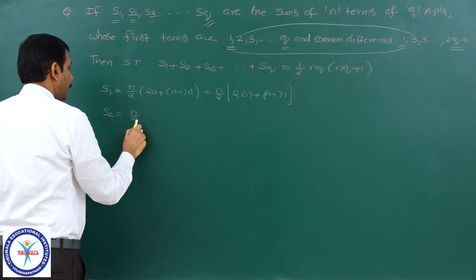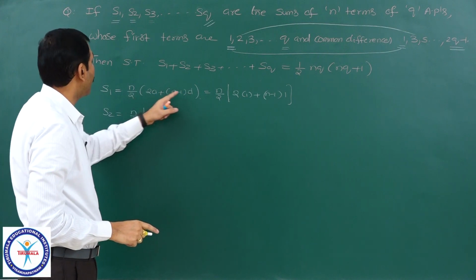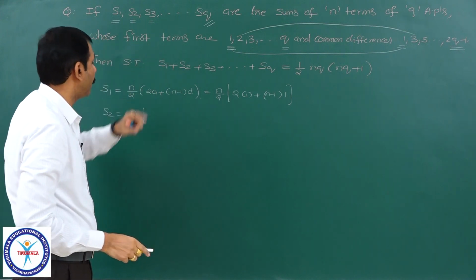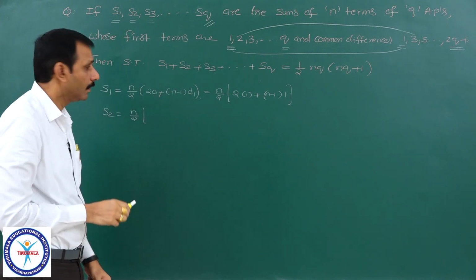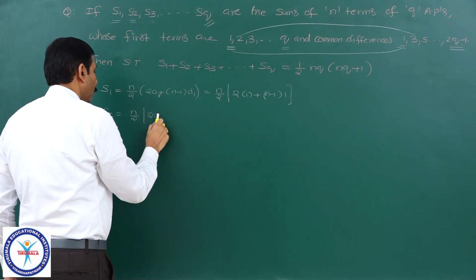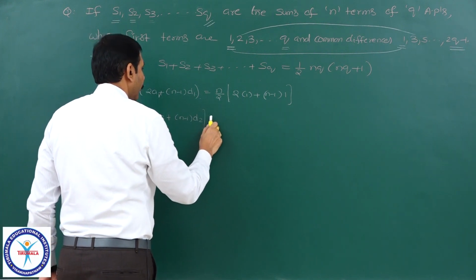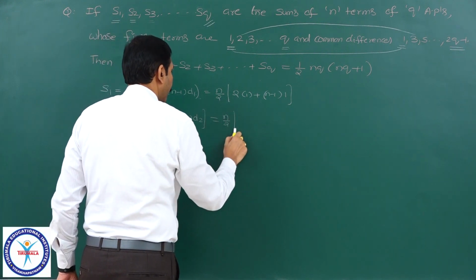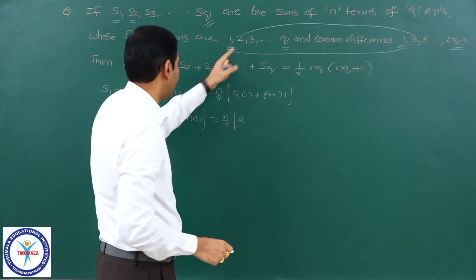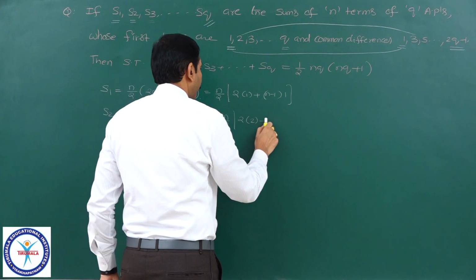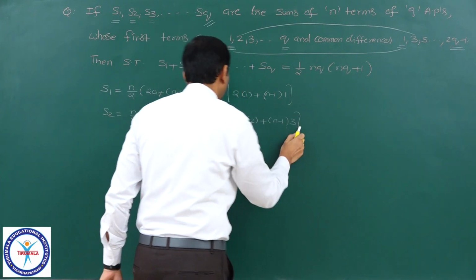Next I will write S2. S2 also is n by 2 into, of course, you see here A and D are the first term and common difference of the first one; let me take them as A1 and D1. Therefore, here it is 2A2 plus n minus 1 into D2. It is equal to n by 2 into 2 times A2, the first term of the second AP, which is 2, plus n minus 1 into the common difference of the second AP, which is 3.